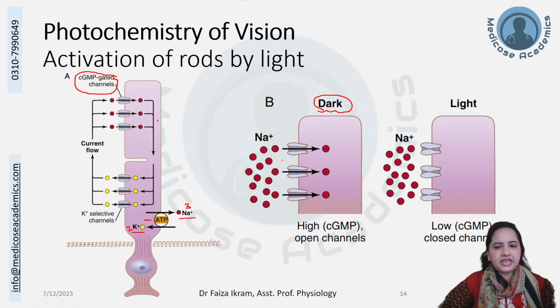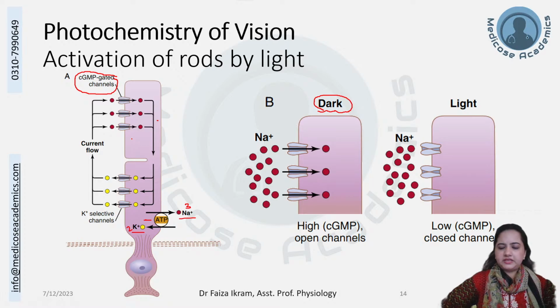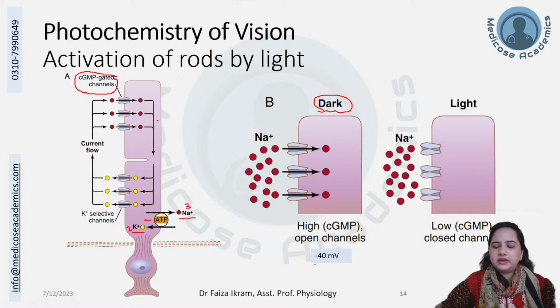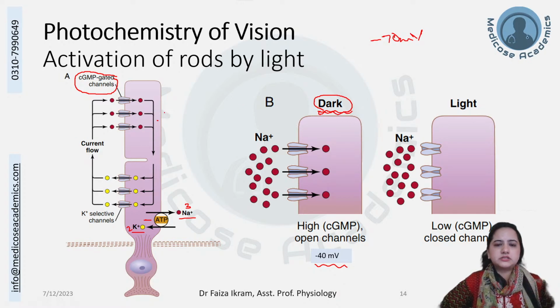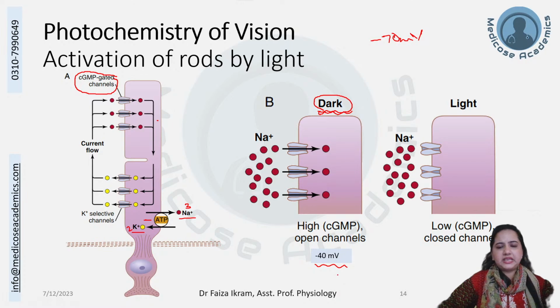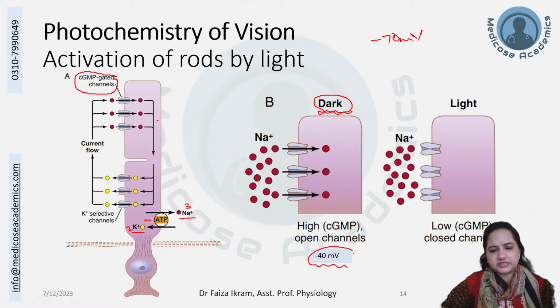These cyclic GMP gated channels are open and sodium is continuously going back into the cells. This re-entry of sodium into the cells helps keep the potential of these receptors a little bit depolarized. Normally we have minus 70 millivolts, but rods and cones in the dark without the light stimulus, because of the entry of the sodium, stay in this partial depolarization state, minus 40 millivolts.